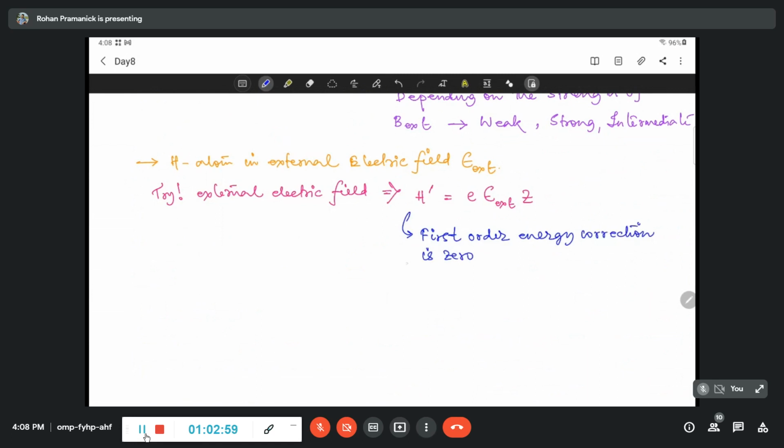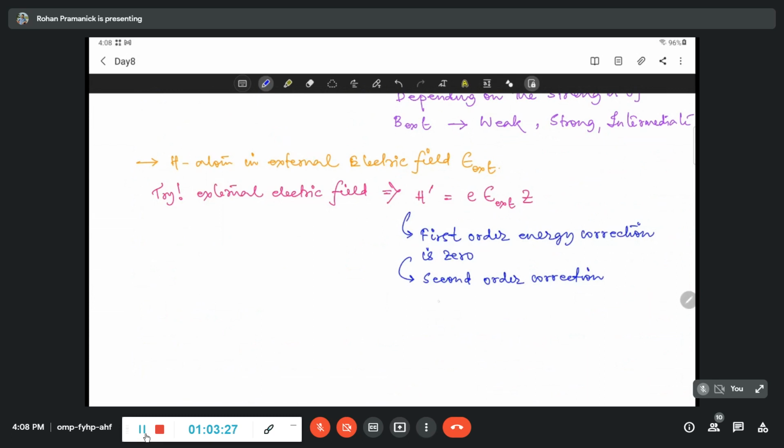Then you have to go to the second order, and you can find the correction by the Dalgarno-Lewis method. So this is the second order correction in energy. I just write down the expression. I did it way before, but probably I have this with me now.